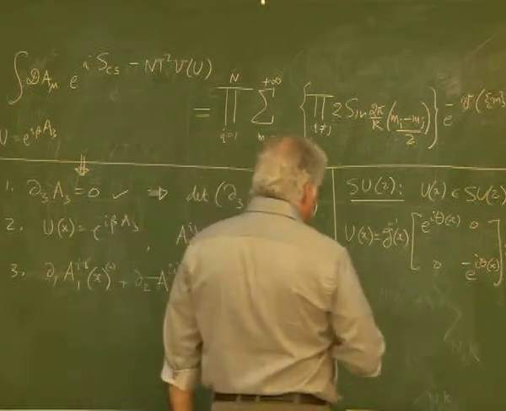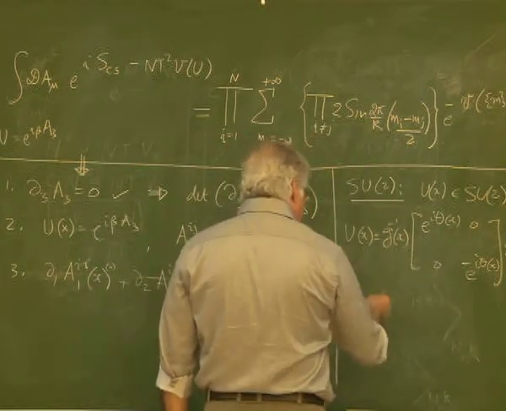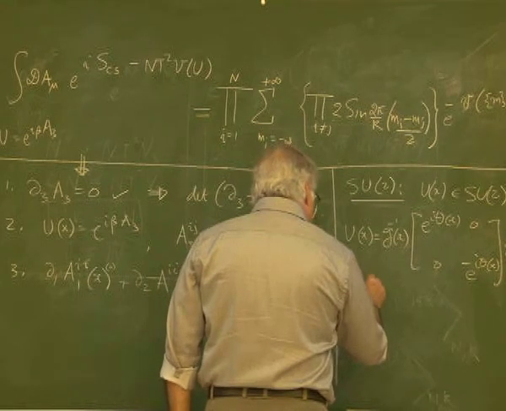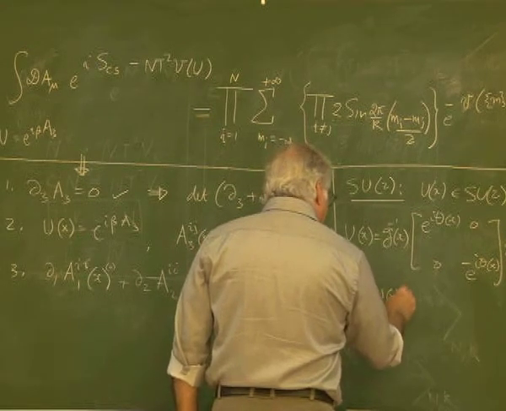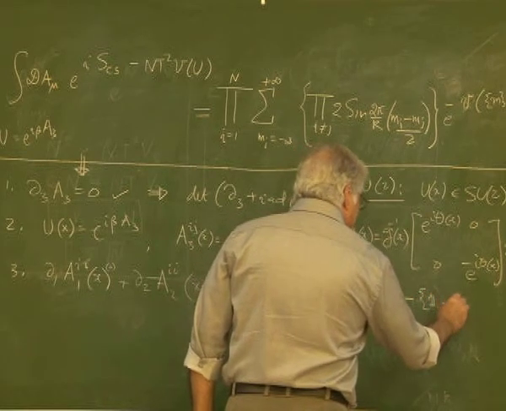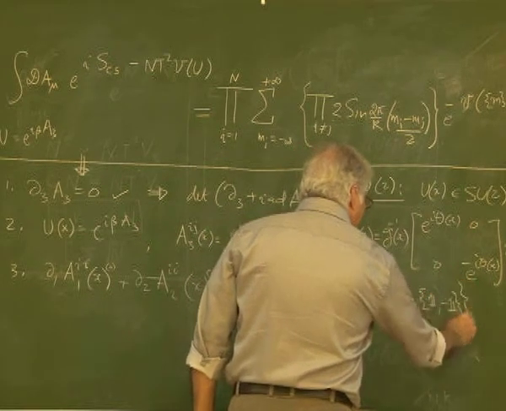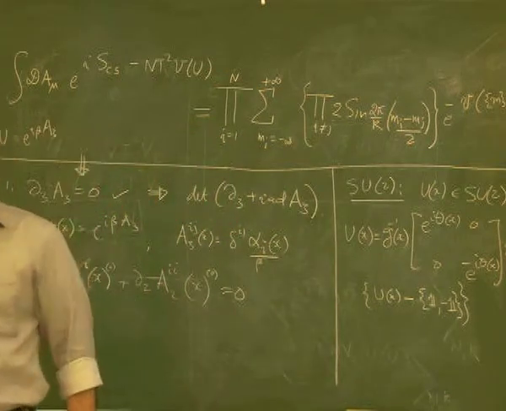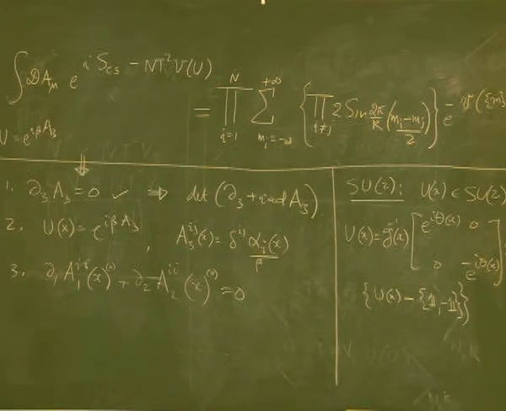So what you would like to do is restrict this type of gauge fixing to the set of U's in which you remove +1 and -1. Okay. Look at this set and do your gauge fixing on this set now.